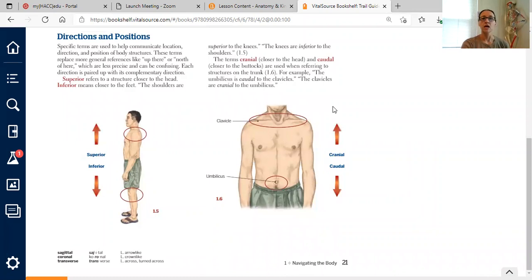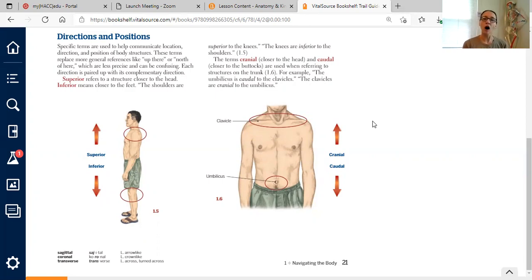All right. Now, we also have the terms cranial and caudal. Quite frankly, cranial and caudal are most often used when describing quadrupeds, not bipeds, because caudal actually means closer to the tail, and humans don't have tails.